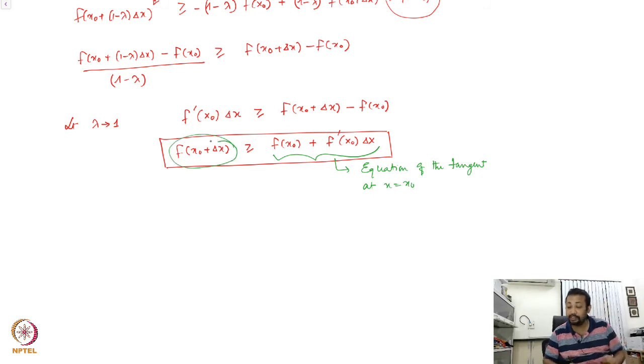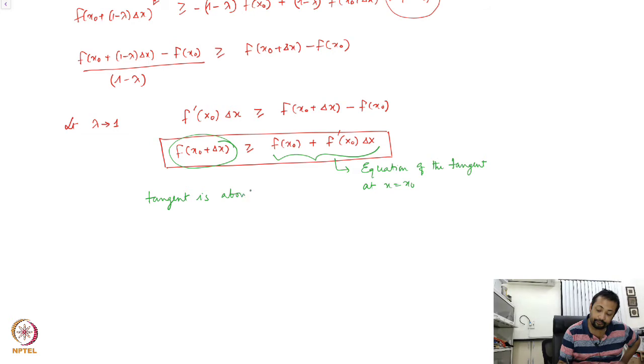This is simply the value of the function at x naught plus delta x. And therefore this inequality means that the tangent is above the curve.